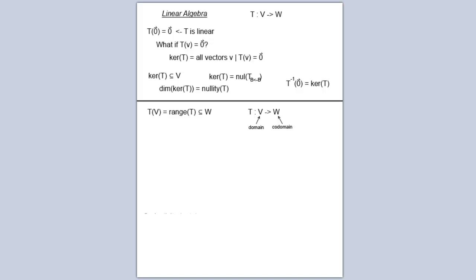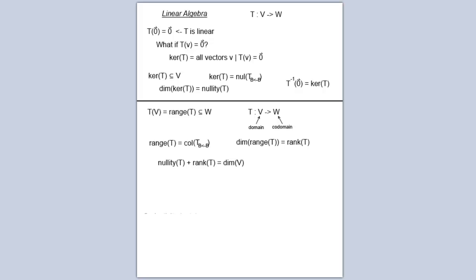Like how the kernel of the transformation is equal to the null space of the associated matrix, range is the column space of the associated matrix. The dimension of the range is also very important, and it's called the rank of the transformation. And there's a fact in linear algebra called the rank theorem, or the rank nullity theorem, which states that the sum of the rank and nullity of a transformation is just the dimension of the domain.